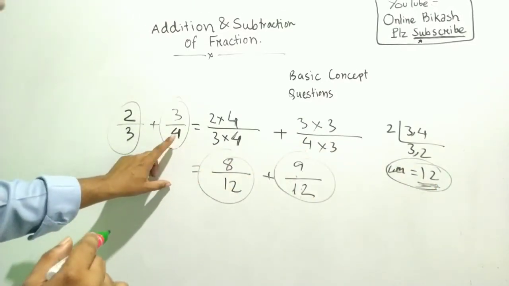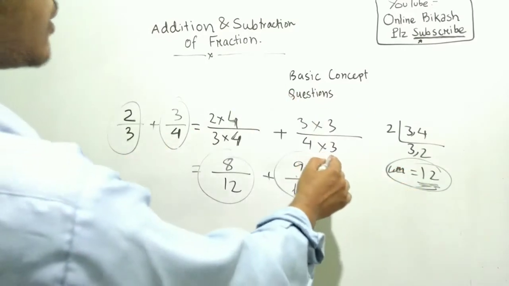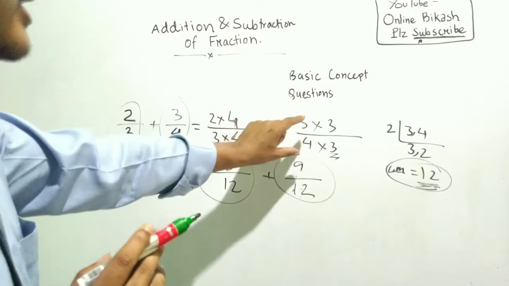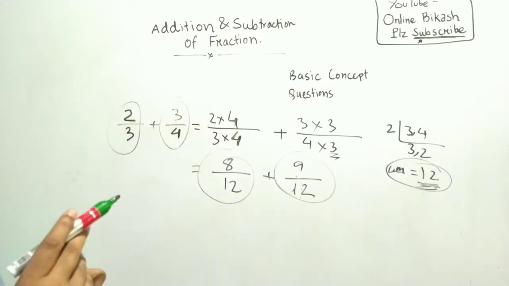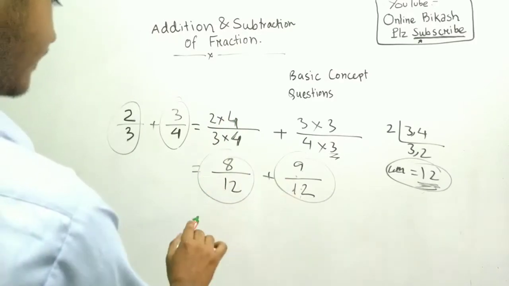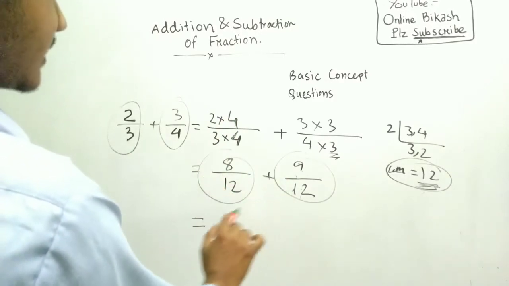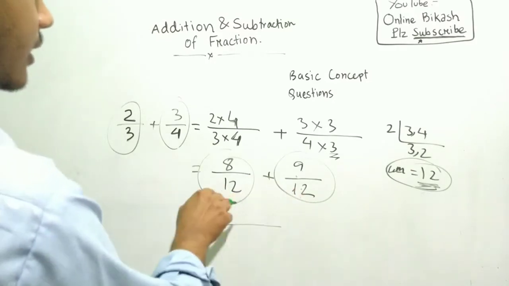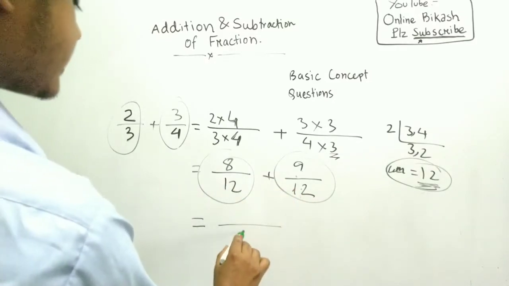You will say 3, because 4 threes are 12. So we multiply 3 with both the numerator and denominator. Now 2 fours are 8, 3 fours are 12. Now you can easily say what its sum will be, because the denominators are the same.